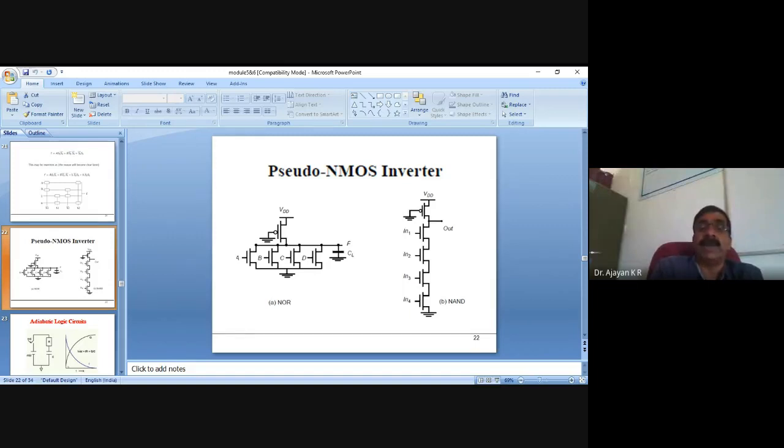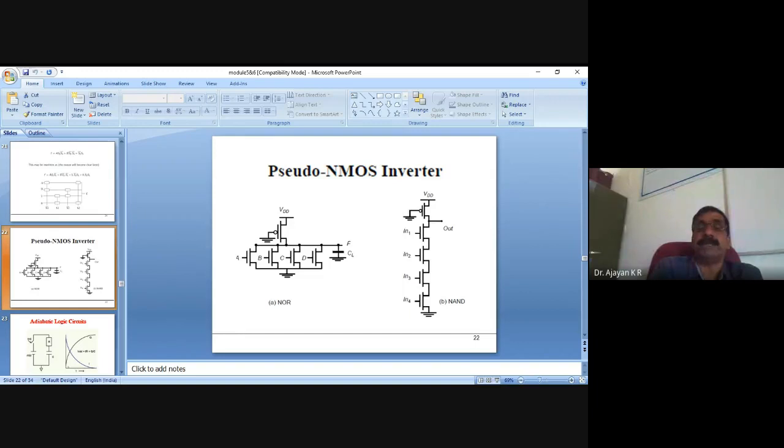If you take A alone on, that case also discharges, but the current through A is low. So if the charging current of PMOS and discharging current of NMOS are the same, then the output will settle at VDD by 2. If the charging current of PMOS is only half of the discharging current, then the output will settle at VDD by 3.